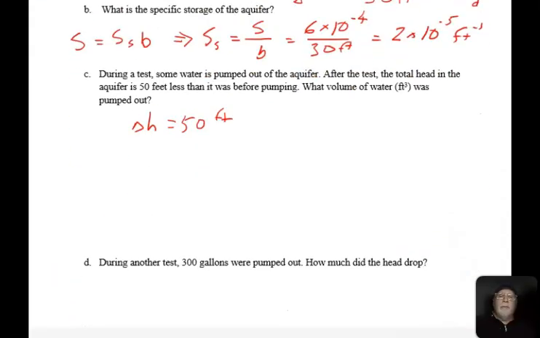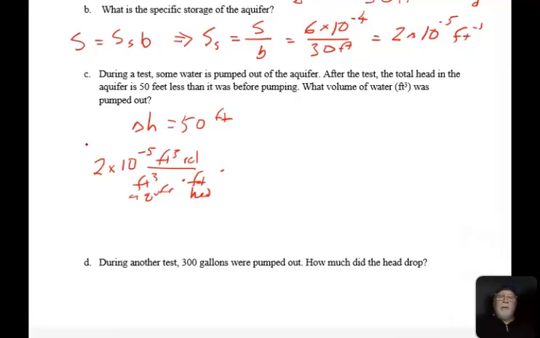So the specific storage in this case is 2 times 10 to the minus 5, and as units of feet to the minus 1, or I can think of that as feet cubed of water released, per volume, feet cubed of aquifer, per feet of head, right?